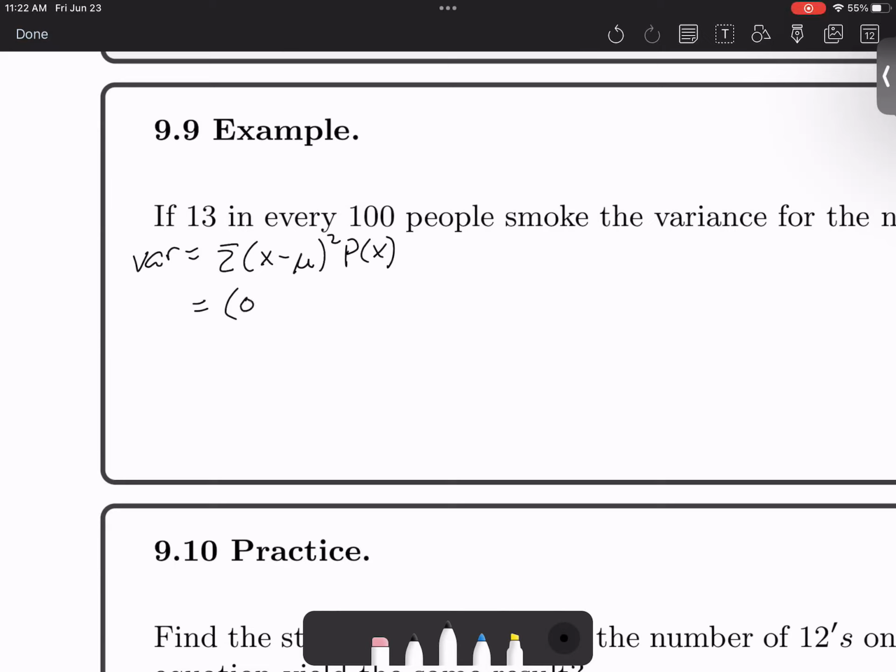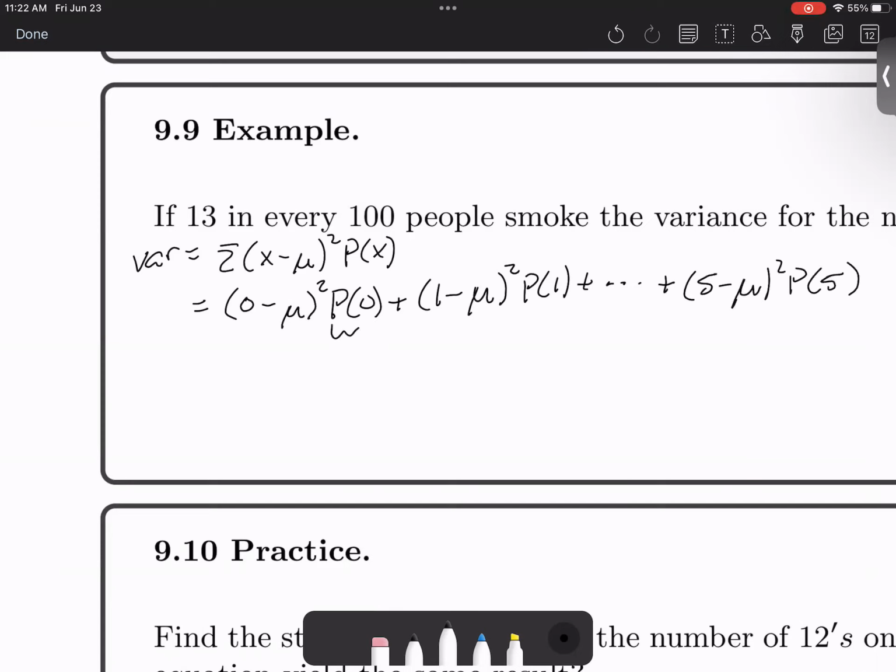So X could be 0 smokers. You would have to figure out your expected value, square it, and then multiply by the probability of having 0 smokers. You could have 1 smoker minus your expected value squared times the probability of 1 smoker. And we would do this until we get to 5 smokers.